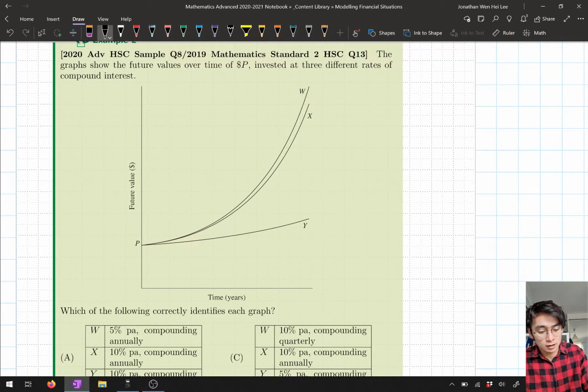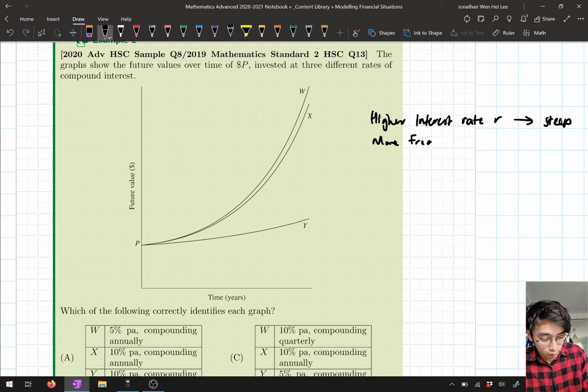So an increase in the interest rate would mean that it's a steeper graph. And if you have a more frequent compounding period, that's also going to give you a steeper graph.